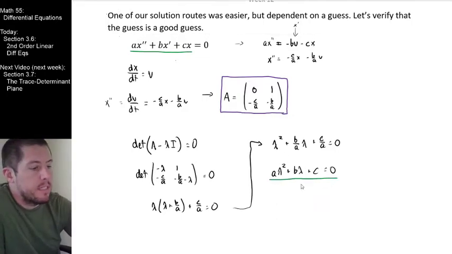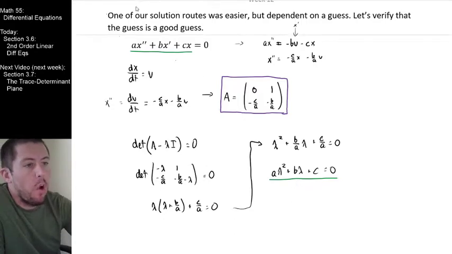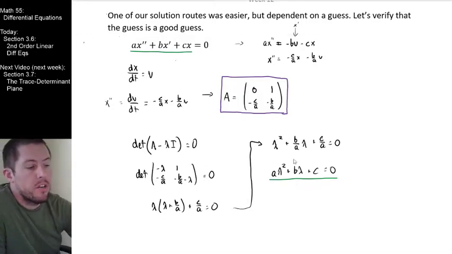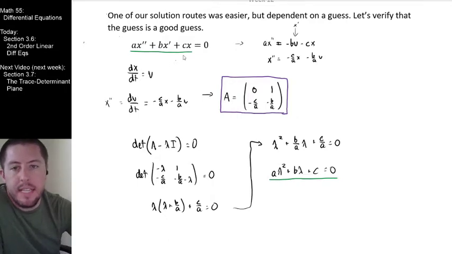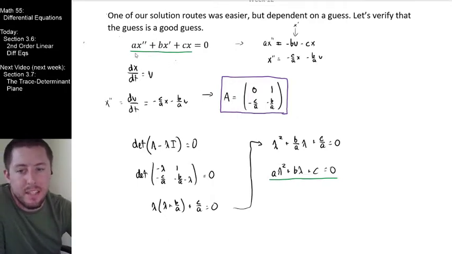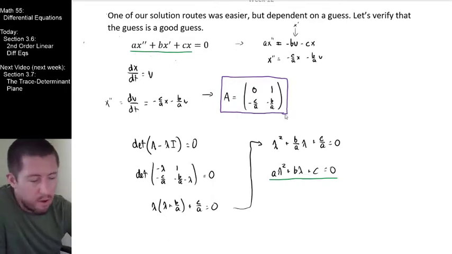So this is basically saying to us, in general, it's always going to work out that your characteristic polynomial's coefficients are exactly equal to the second order constant coefficient linear differential equation's coefficients.